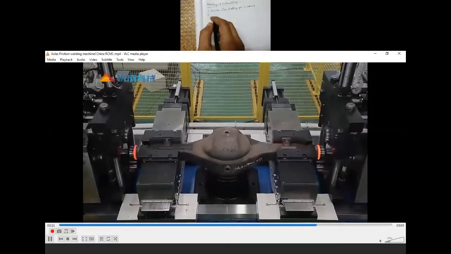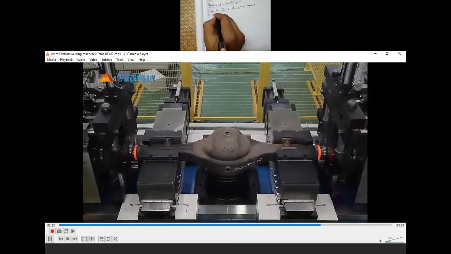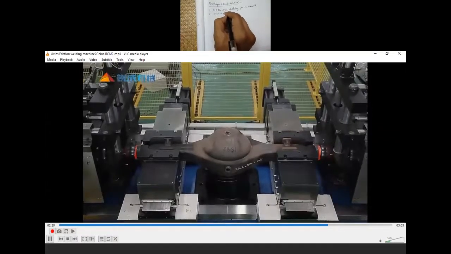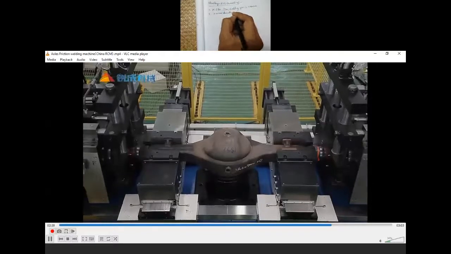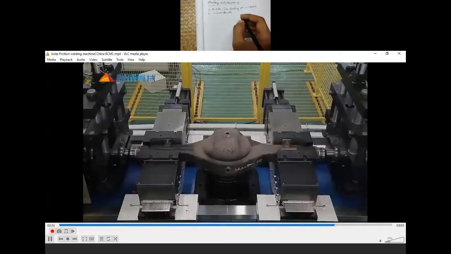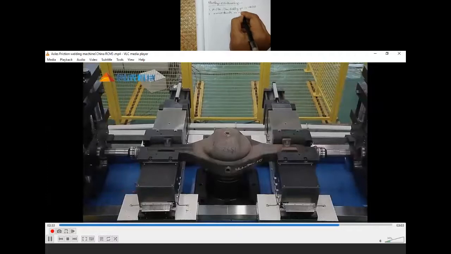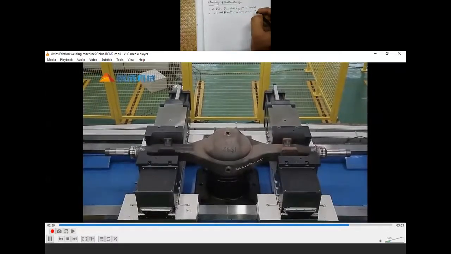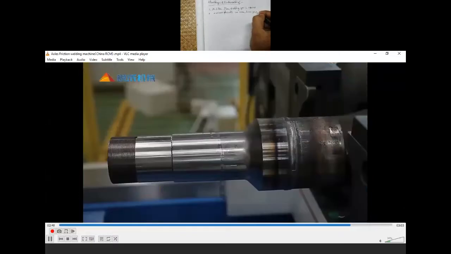Number two, it's environment friendly, no smoke, fumes, or gases.